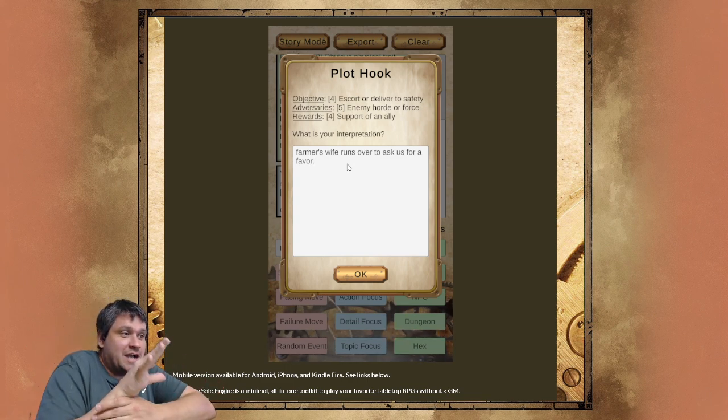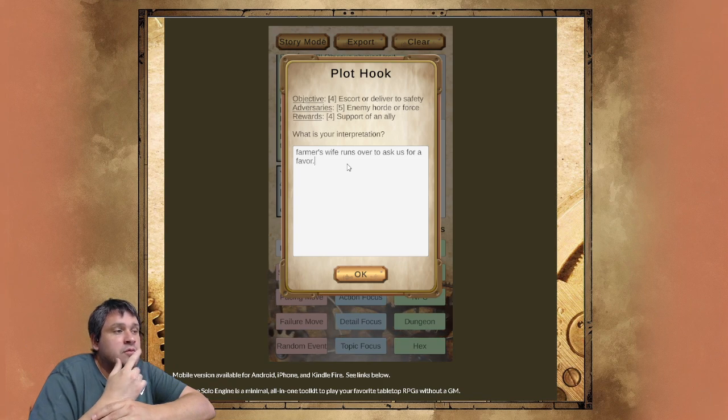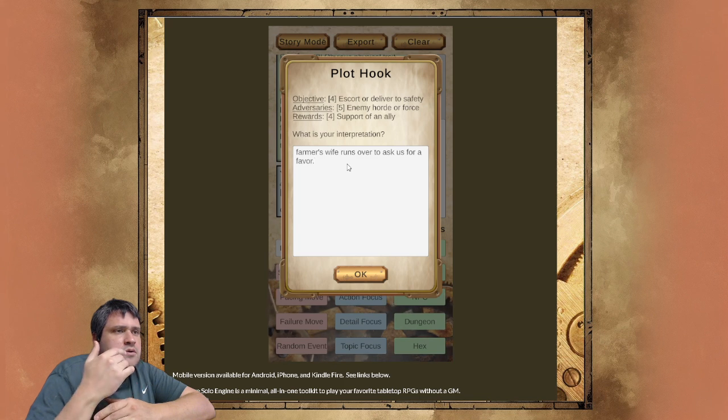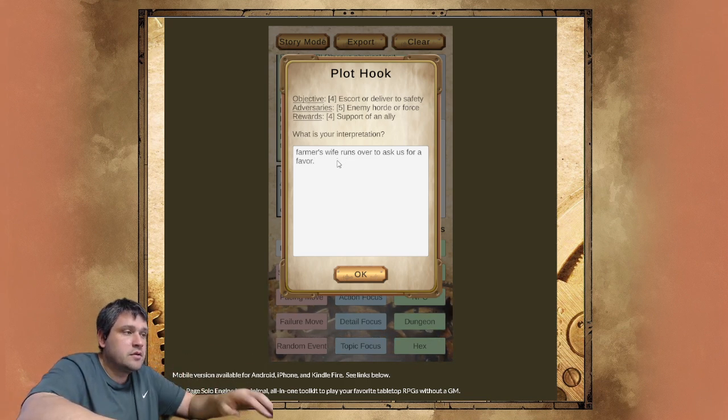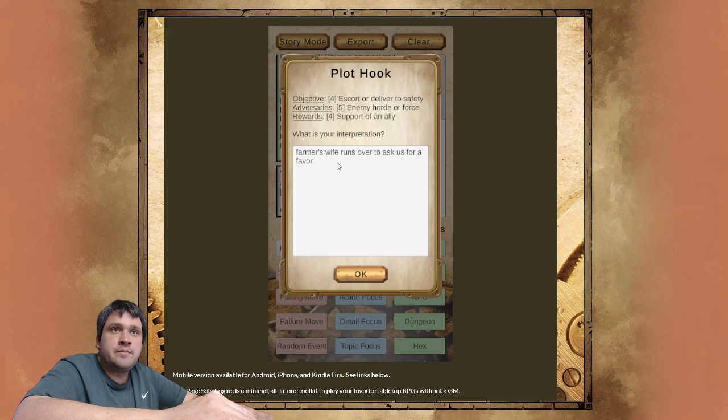See, if this was a whole actual campaign, I'd be really more prepared for it. But I feel like we're doing a favor for the farmer, and I was thinking, the farmer's son, oh, the farmer's wife's mother-in-law or mother works at the library, and she forgot her reading glasses.